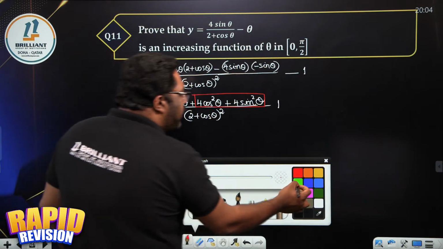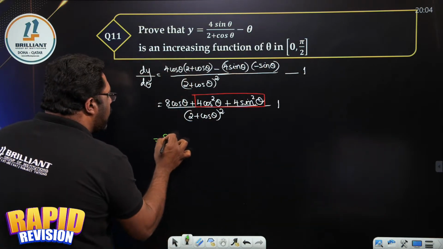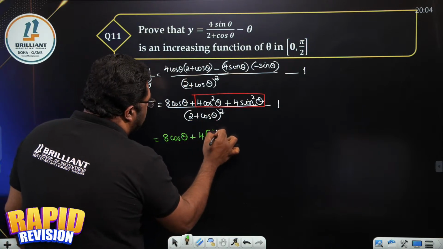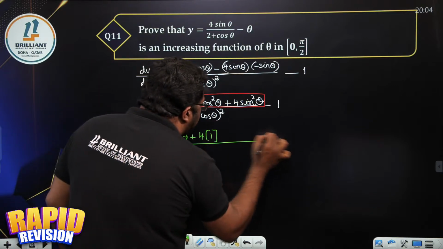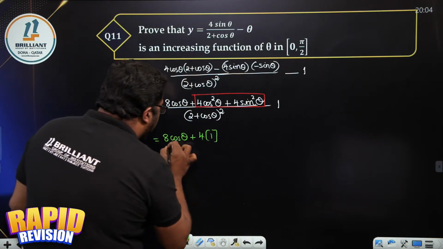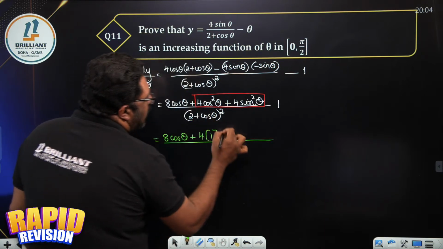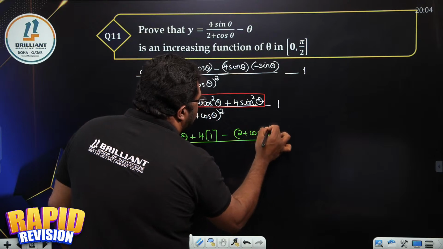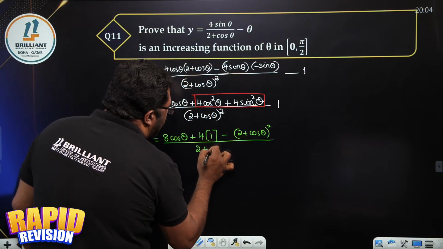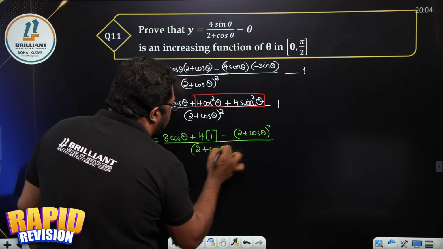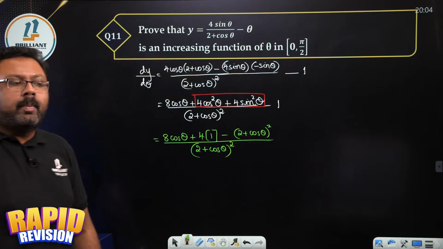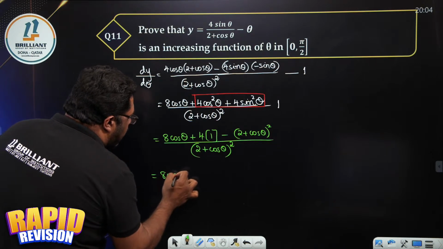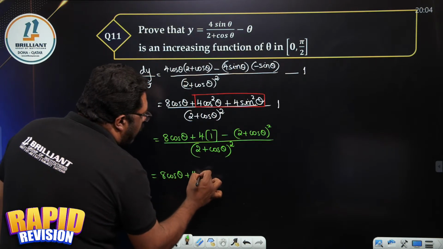Because of that simple reason, I can write this as 8 cos theta plus 4 into 1. And I'm taking the LCM also with this. This is going to be minus (2 plus cos theta) squared by (2 plus cos theta) squared. Simplify it further: 8 cos theta plus 4.